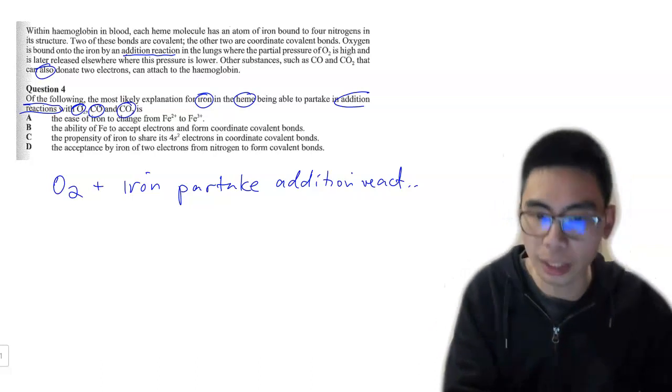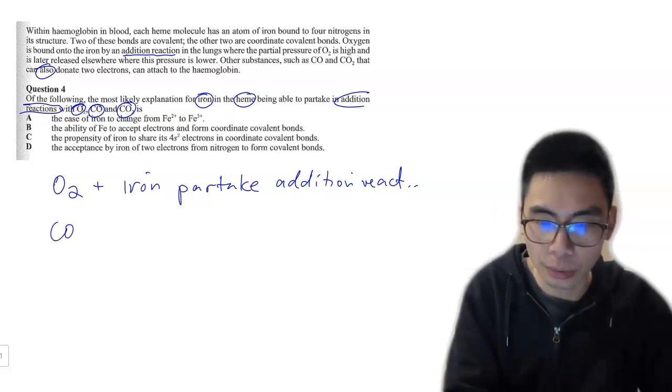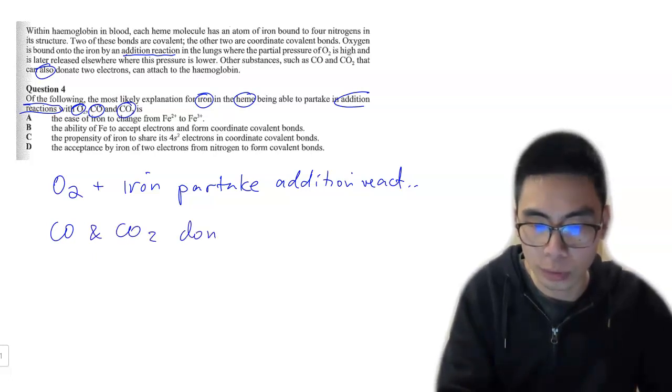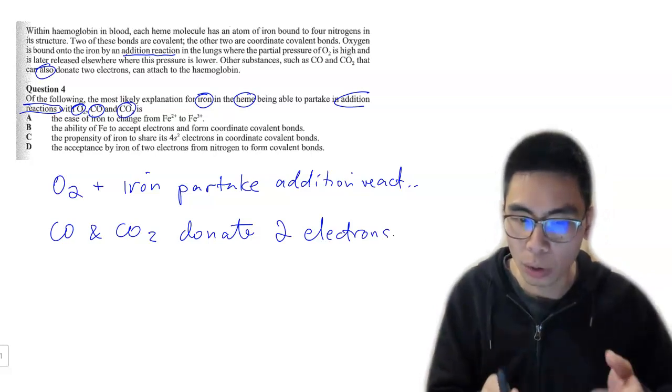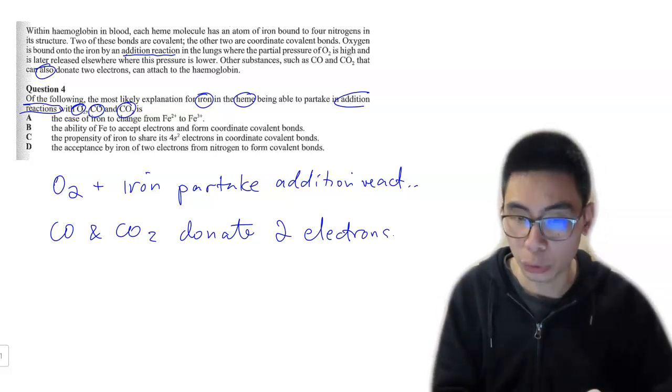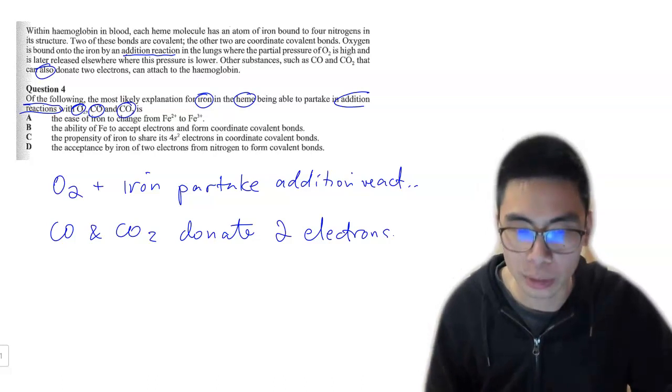Then the second sentence is giving us another premise, which is that CO and CO2 donate 2 electrons. What could they be donating the 2 electrons to? Well, it's talking about attaching to the hemoglobin.